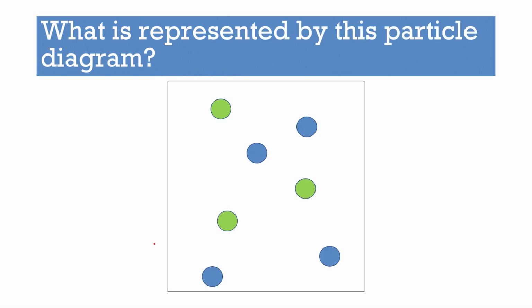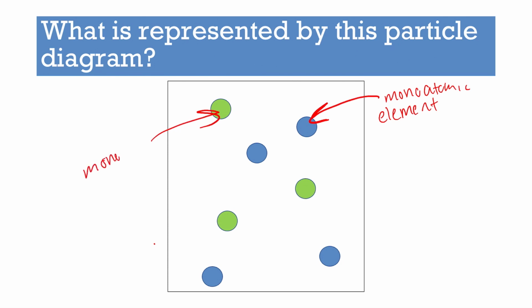Now, what do we have represented by this particle diagram? Whenever you see a picture, you should try to label all the different pieces. So we have, this is an element, and if we want to be specific, this is a monoatomic element. This green is also a monoatomic element.